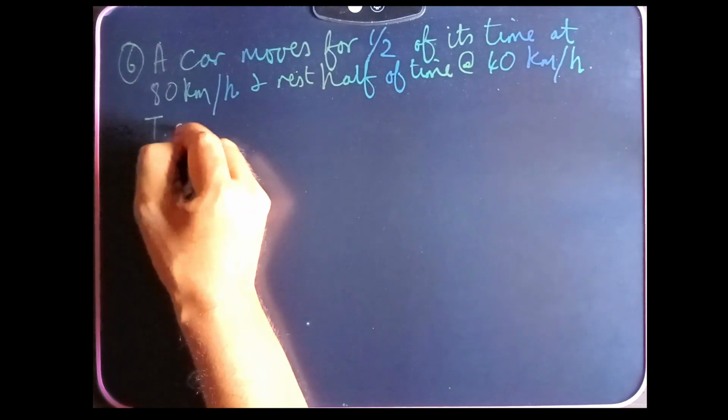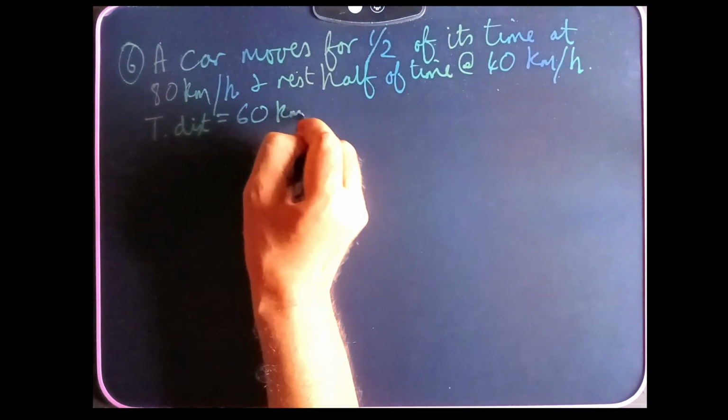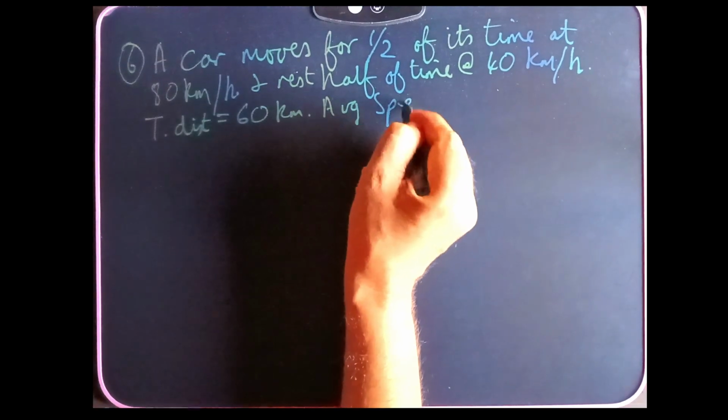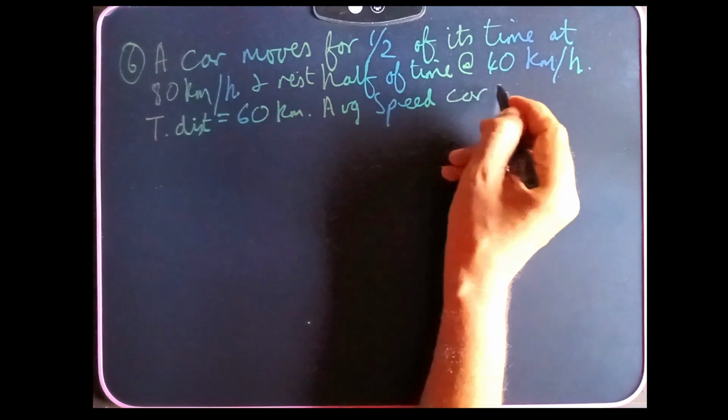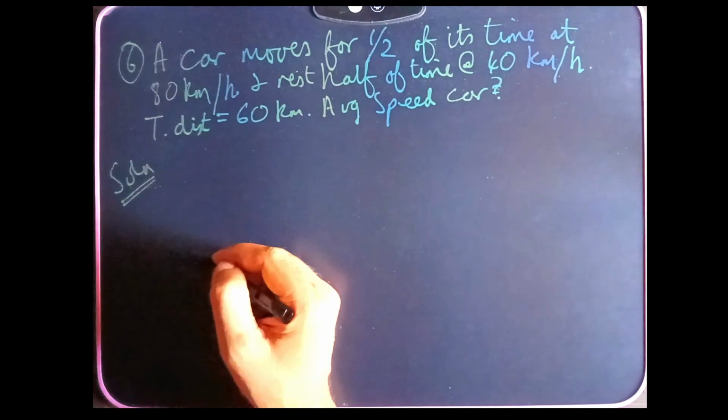The total distance is given as 60 kilometers. What do you have to find? You have to find the average speed of the car. Try to solve it yourself before I solve.